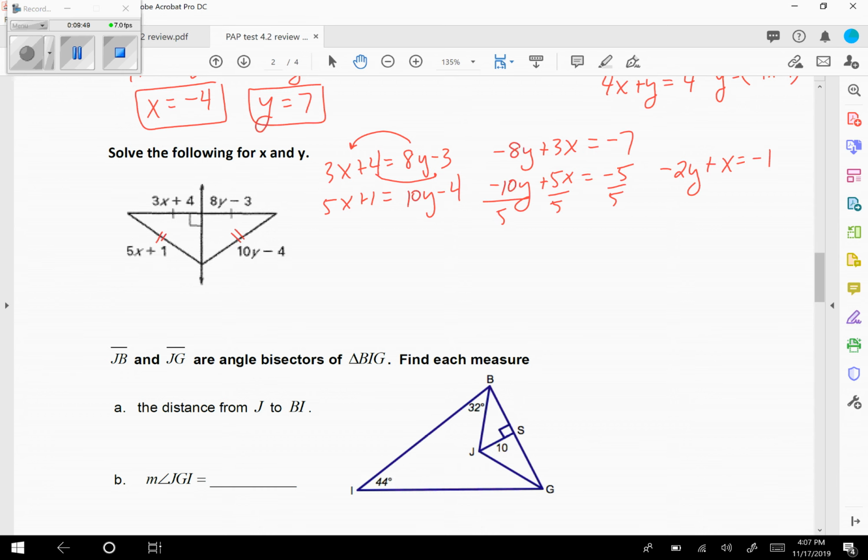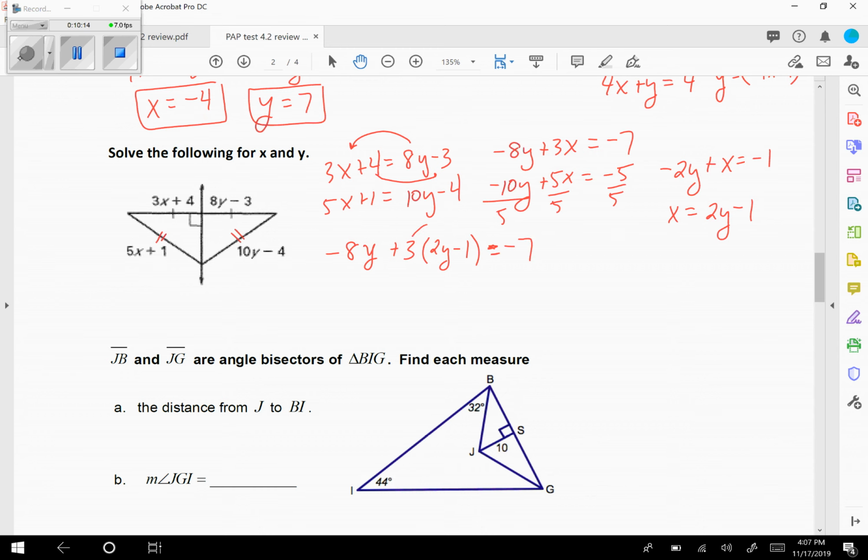And now I can take this one and solve it for x. So I get x is equal to 2y minus 1. I'm going to plug it into this first one here. So negative 8y plus 3, and instead of x, I'm going to put this 2y minus 1, equals negative 7.